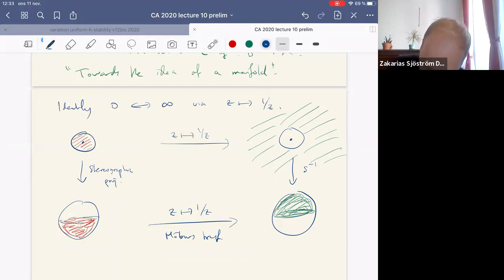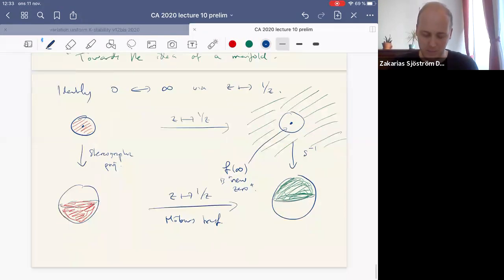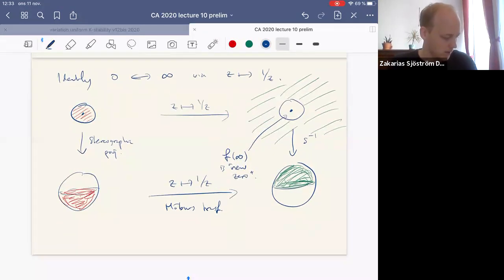And this point here would be f of infinity, which is the so-called new zero in this picture. So I can use this map z goes to 1 over z to sort of switch the role of 0 and infinity, is what I'm trying to say with this picture.